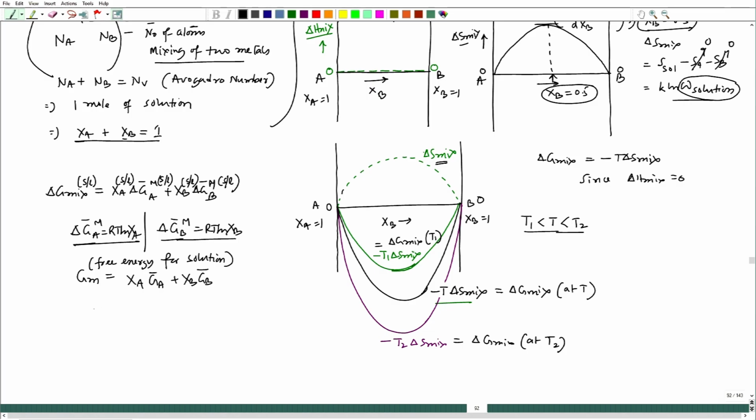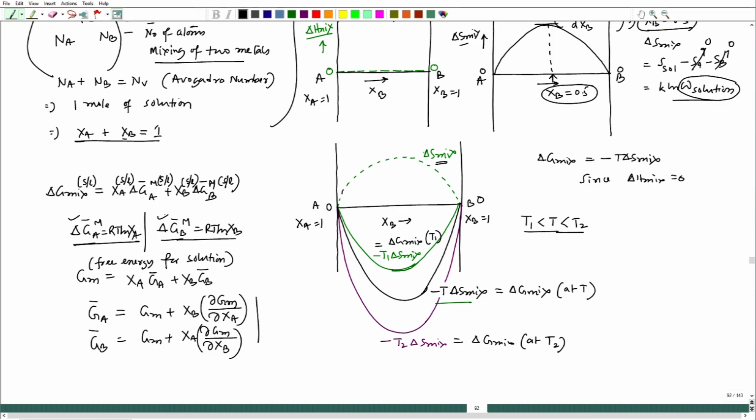At that time, we found an expression, G A bar equal to G M plus X B, and G B bar equal to G M plus X A. These two quantities we have found, the partial molar quantities. A similar route we can use to find these as well.